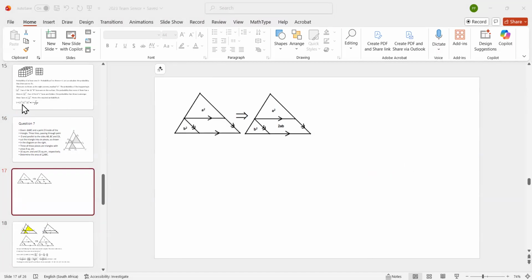Okay, I just want to write this down. So what I've got here is a claim that we are making: if you've got a triangle, sorry, the writing is very small, like this, and you've got two line segments that are parallel to the sides, as you can see, then if this area is a squared and this area is b squared, I'm claiming that this implies that this area here is 2ab.